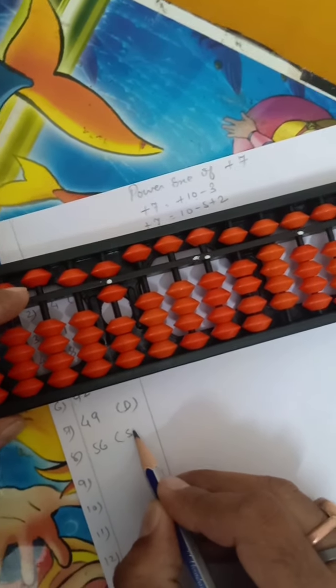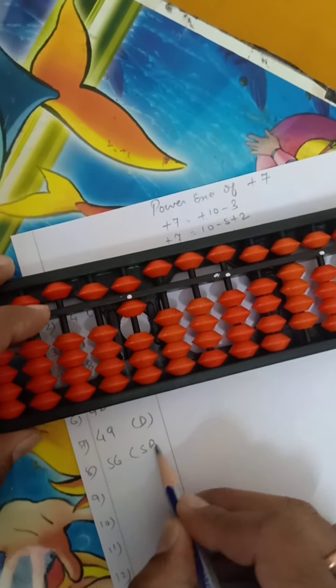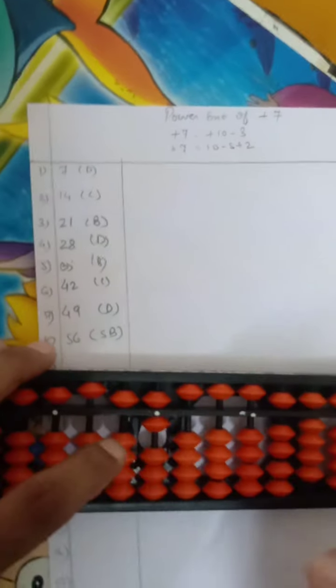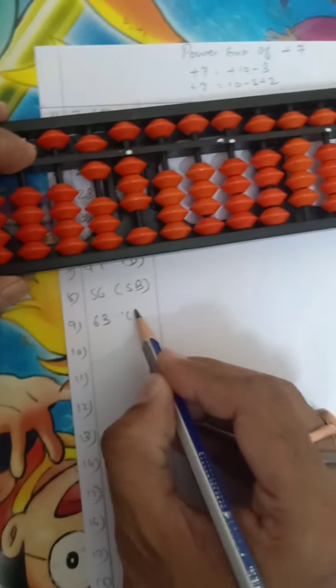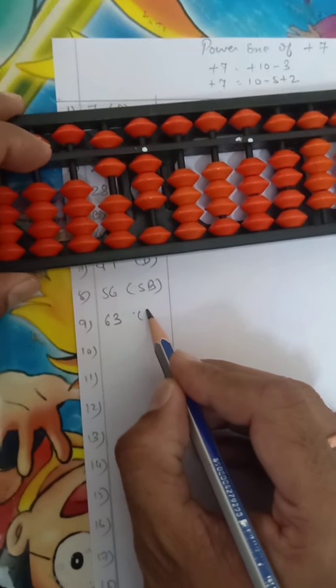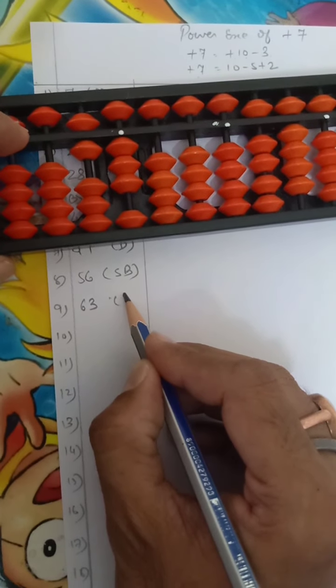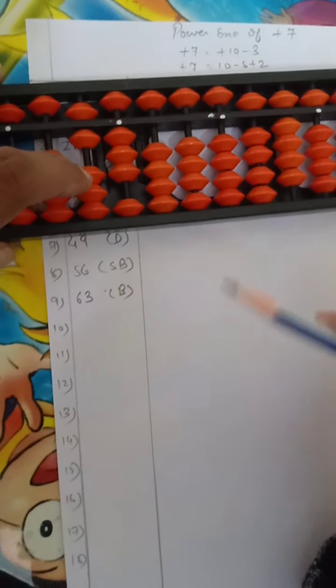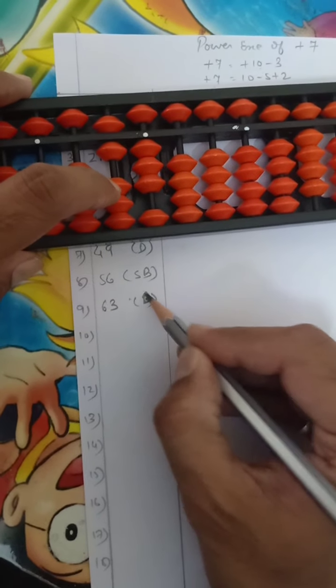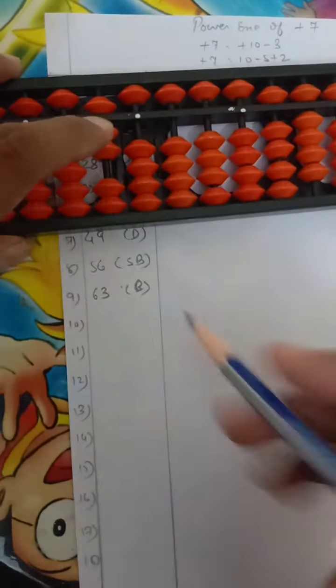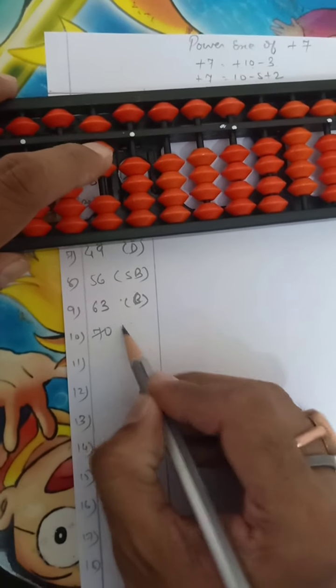We are doing skipping and big friend. Again I want to add 7, add 10 less 5, add 2, it's 63. It's combination. Again add 7, add 10 less 3, it's 70 with big friend.